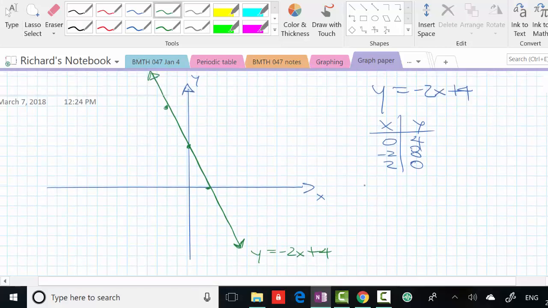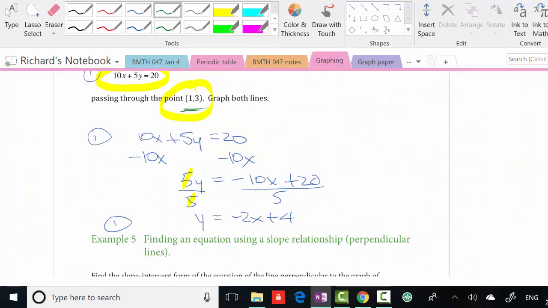So what do I know? I know that for equation 2, this unknown equation, this is equation 1, equation 2, the slope will be equal to minus 2 because this second line is going to be parallel to the first line. I know that it's going through the point 1, 3.